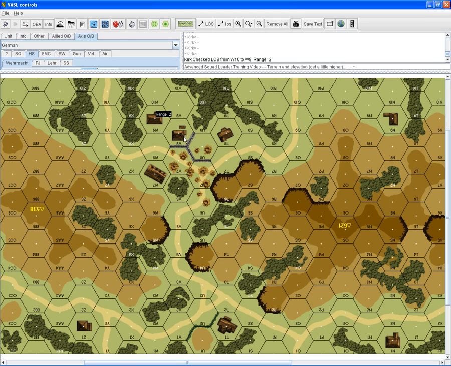If these buildings happen to be gray or dark grayish in color, then they would be stone buildings, and they would give you a +3 to your terrain effect modifiers. Buildings are an obstacle, which means that if I take my line of sight, you can see that I move into that hex, it's clear, but once I move beyond that hex, it is not clear.